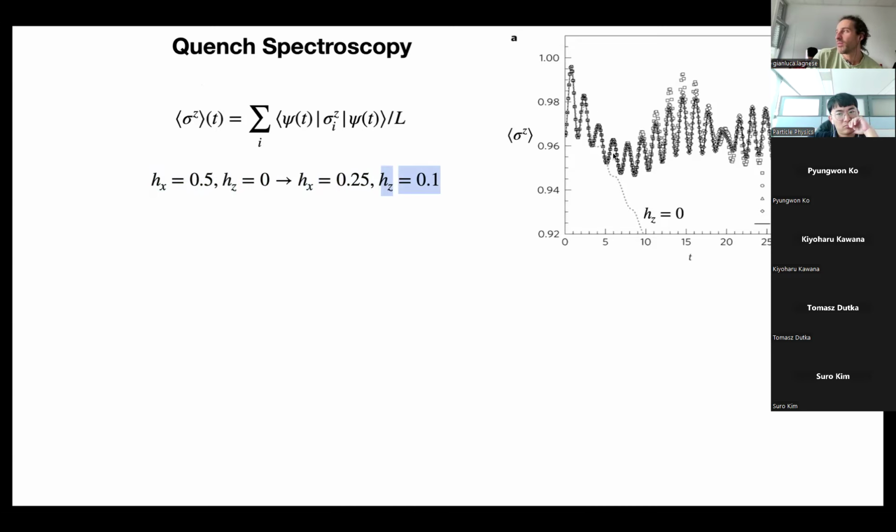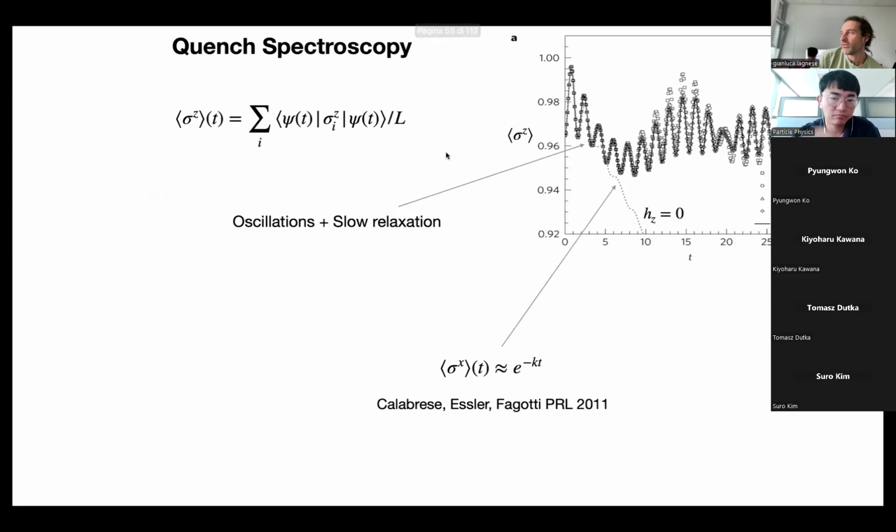This is numerics, done with different numerical techniques. And in comparison, you can see what happens when the longitudinal field is off. In this case, you have oscillations and slow relaxation. In the other case, it goes down exponentially. This is something that is exactly computable in the case of the Ising model, okay?